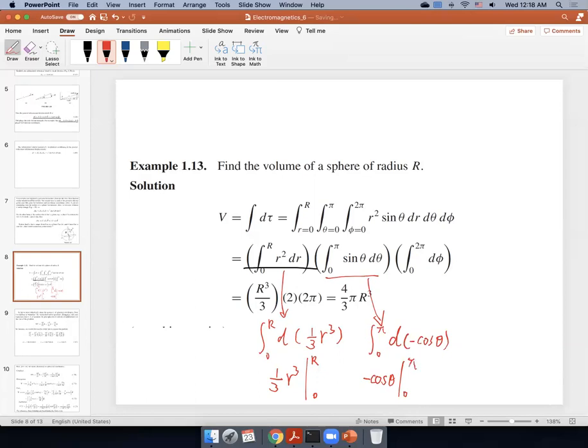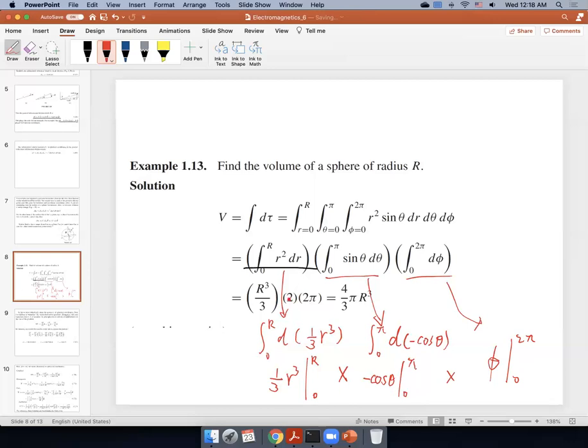That's the second term. For the third term, it's easiest. You just need to calculate phi from 0 to 2 pi, and the value of the third term is, of course, 2 pi. And then you do the product or multiplication of those three terms.